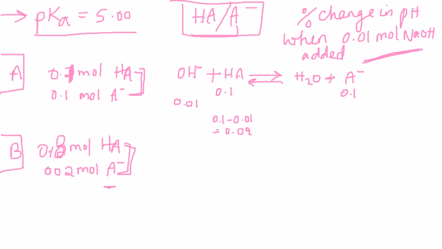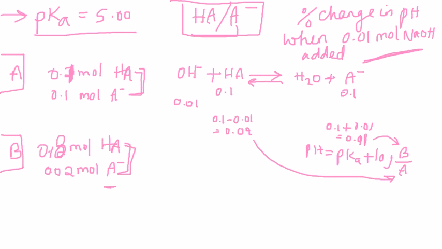On the other hand, the concentration of A minus will become 0.1 plus 0.01, which will be equal to 0.11. So if you use the Henderson-Hasselbalch equation, pH equals pKa plus log of the base divided by the acid, and plug in the base as 0.11 and the acid as 0.09, you're going to end up with a pH of 5.09.